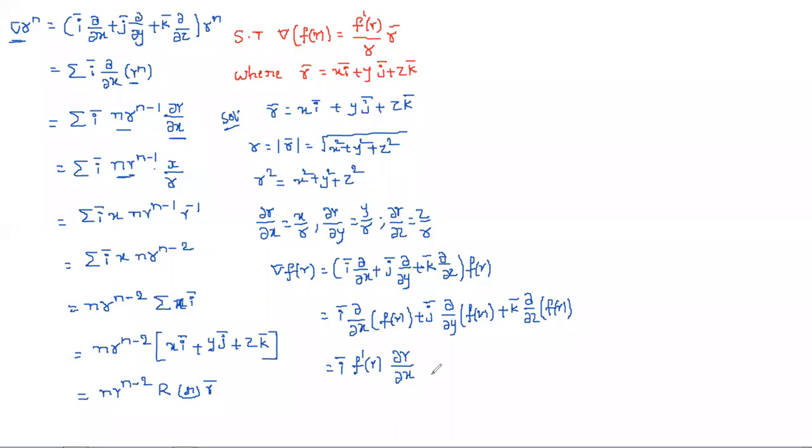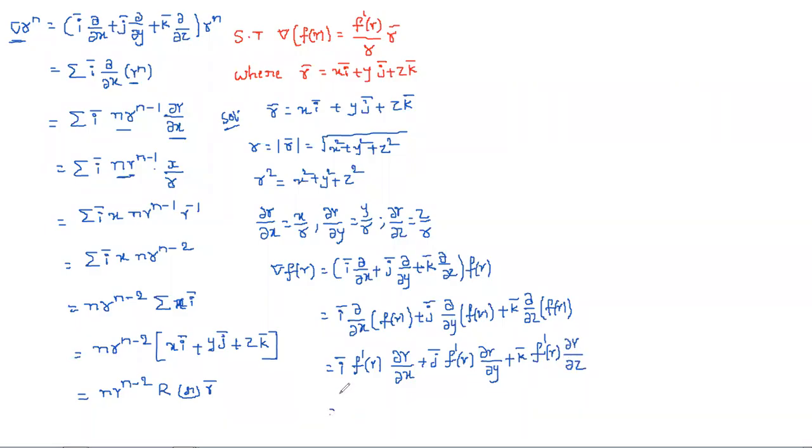So f dash of r into dou r by dou x plus j into, again the same thing, f dash of r into dou r by dou y, plus k into, same, first with respect to the function and then r, dou r by dou z.